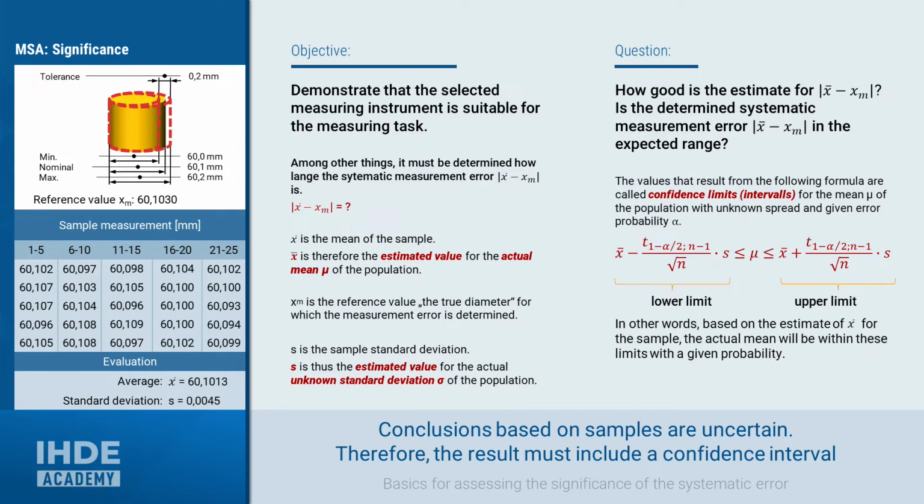The formula shown is for the expected value of a normally distributed characteristic, such as the mean with unknown variance. In other words, based on the estimate of x bar for the sample, the actual mean will fall within these limits with a given probability.